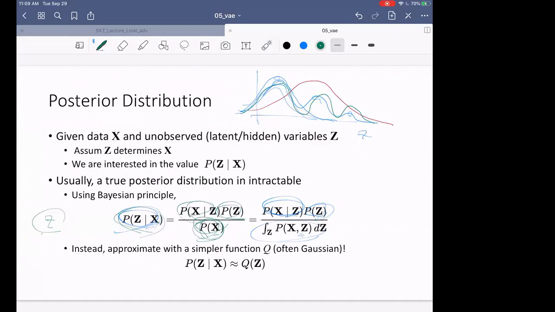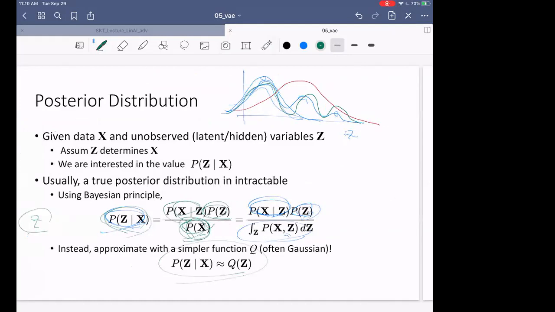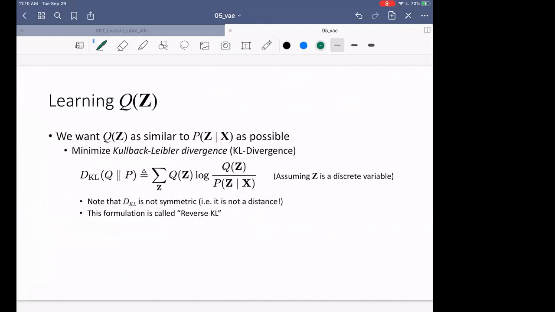All right. So as I said, this was a motivating part of why we want to approximate the posterior with a simpler distribution, usually a Gaussian distribution. Our objective is we want Q to be as similar to P as possible, because that's what approximation is, and we usually use the Kullback-Leibler divergence, something called KL divergence.